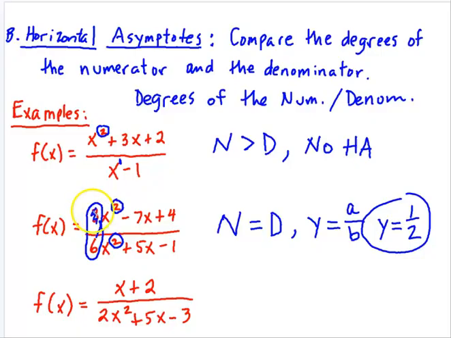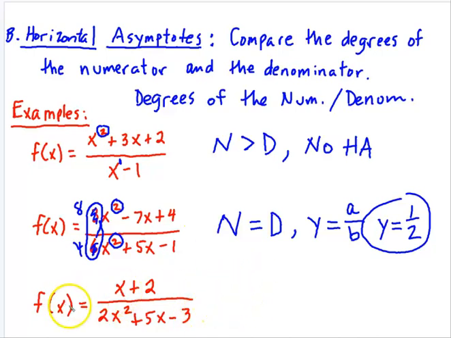If this were 8 and this were 4, then I'm going to have a horizontal asymptote of y equals 2 because the degrees are the same, 8 divided by 4. Okay, everybody good so far? Any questions so far? It's a lot to take in, and in just a minute we're going to put it all together, and it's going to be a process that we're going to walk through, but we have to keep all of this stuff in mind as we walk through the process.